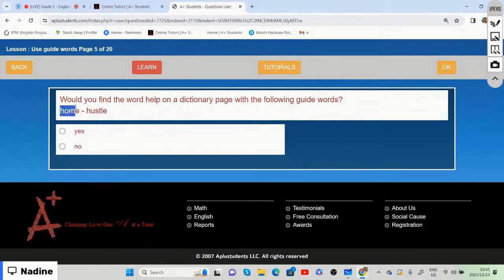Our first guide word is home, which is H-O, and then hustle, which is H-U. And help, E, comes before O, which means that no, you will not find help on that page. So no is correct.